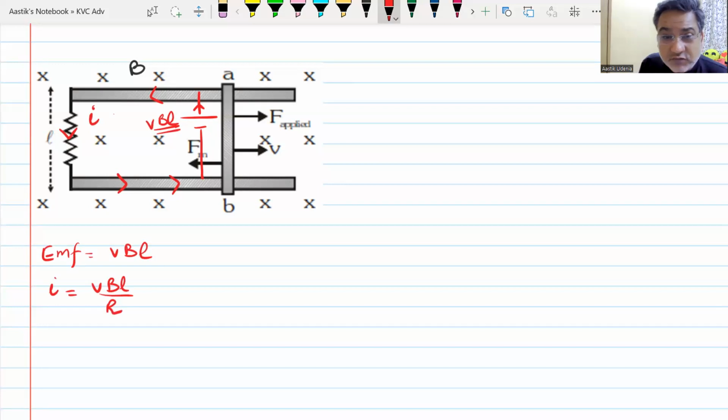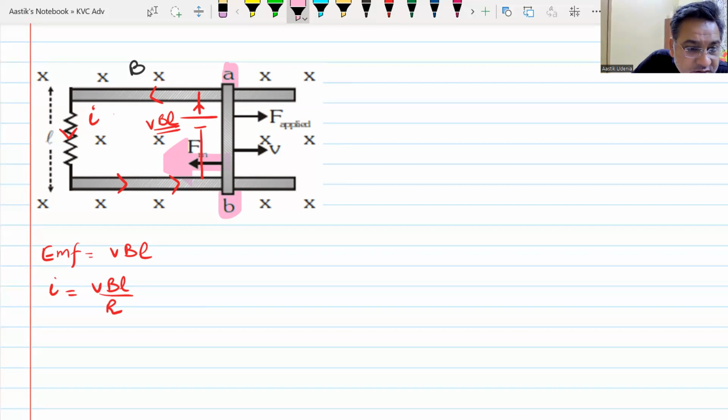Now, because of this current flowing in this circuit, this AB wire becomes a current carrying wire placed in a magnetic field, yes or no? Yes, sir. So this current carrying wire will experience a magnetic force, and if you find out the direction of that force, current I is going like this, V is like this, the magnetic force will be in the backward direction, yes or no?